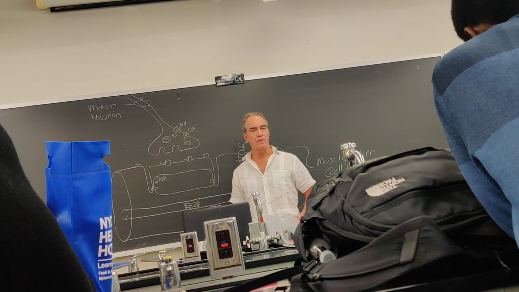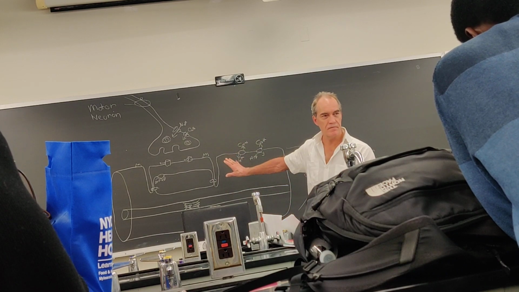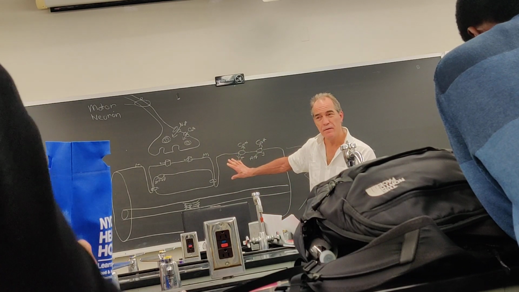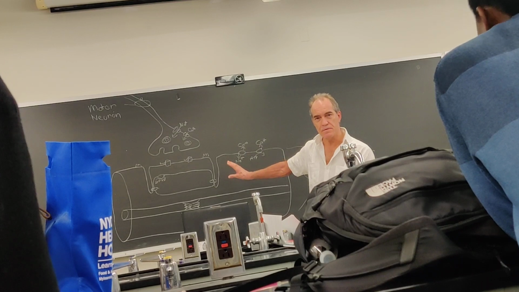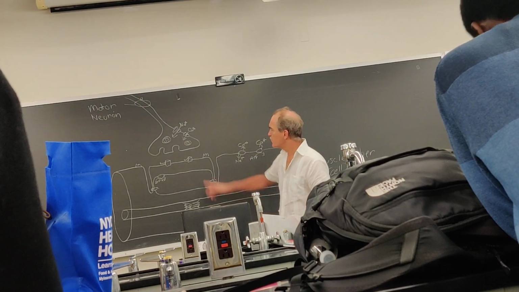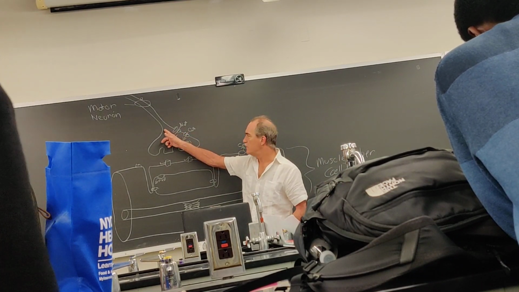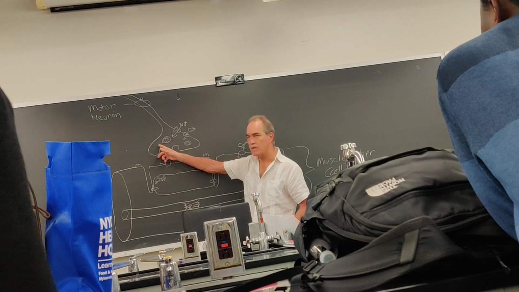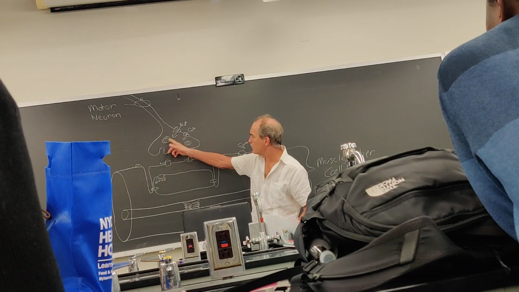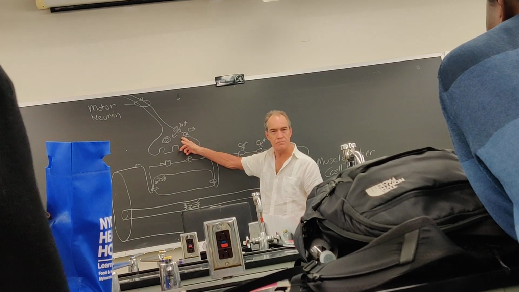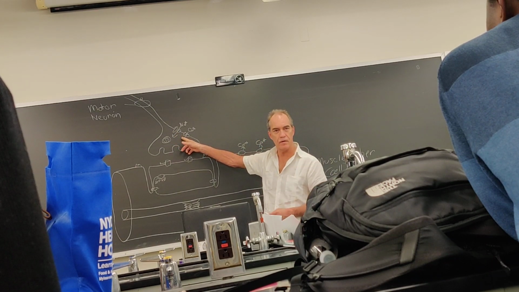Now I've got to start naming all the parts. One thing that's kind of complicated about this is there's a lot of vocabulary, but other than that, the physiology is not that complicated. So first of all, the motor neuron works the same as the ones we've done before: synaptic vesicles, voltage-gated sodium channels, voltage-gated calcium channels. You know about that already.